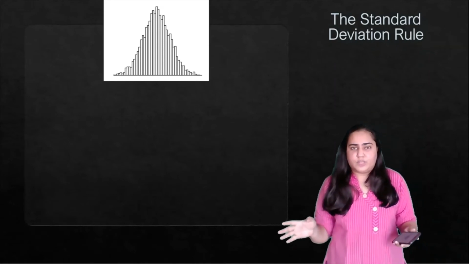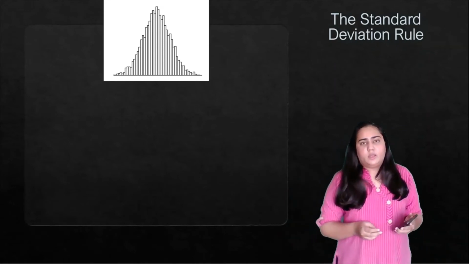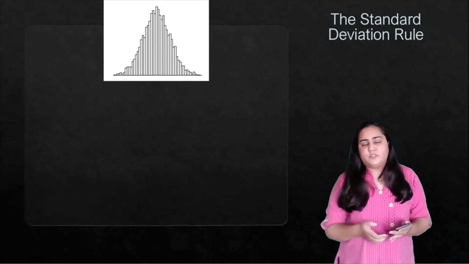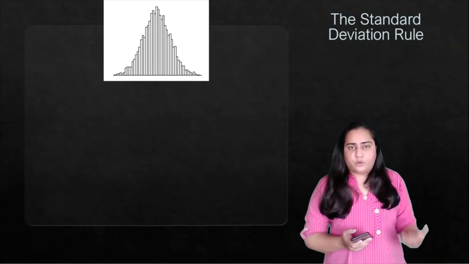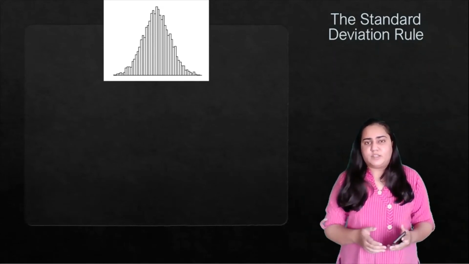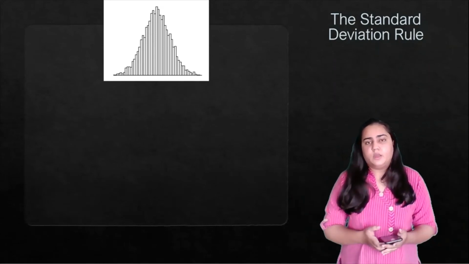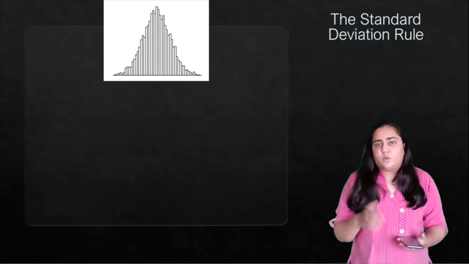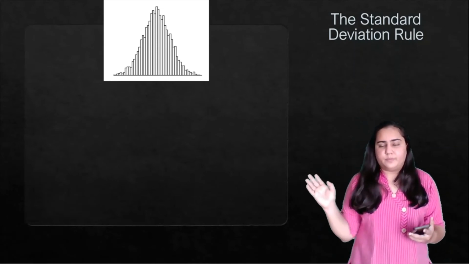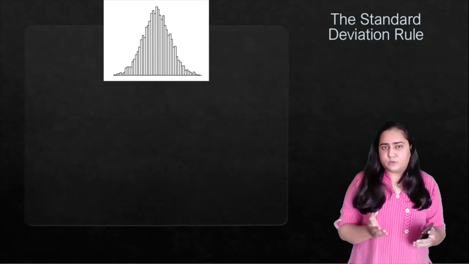There is no skewness present here. This type of distribution is usually called a normal distribution because it is distributed symmetrically and evenly, and it has only one mode, so it is unimodal.